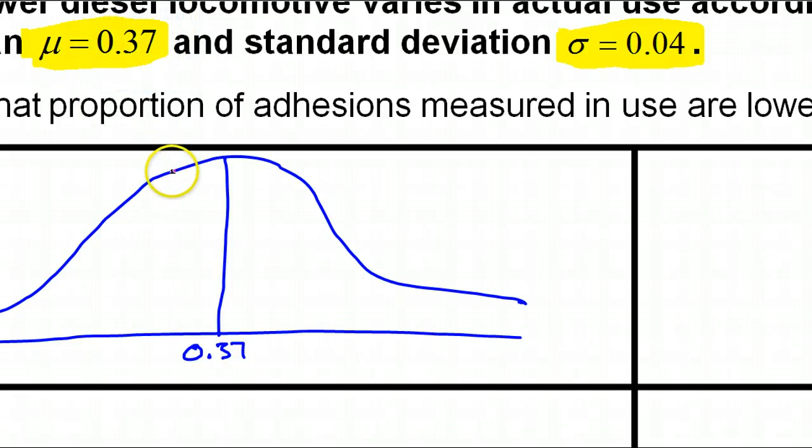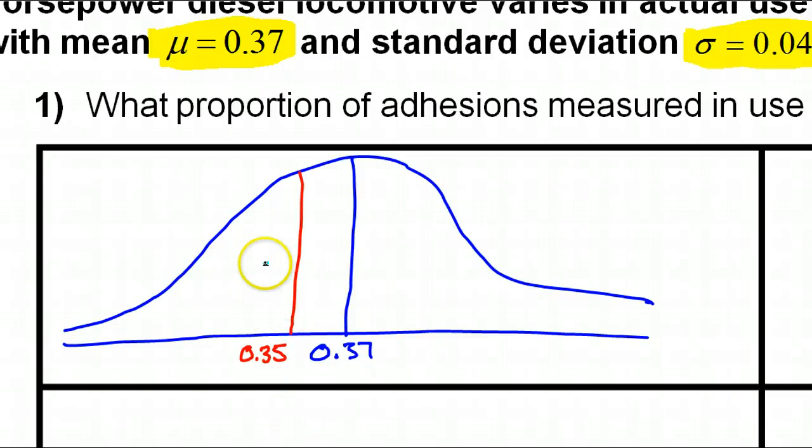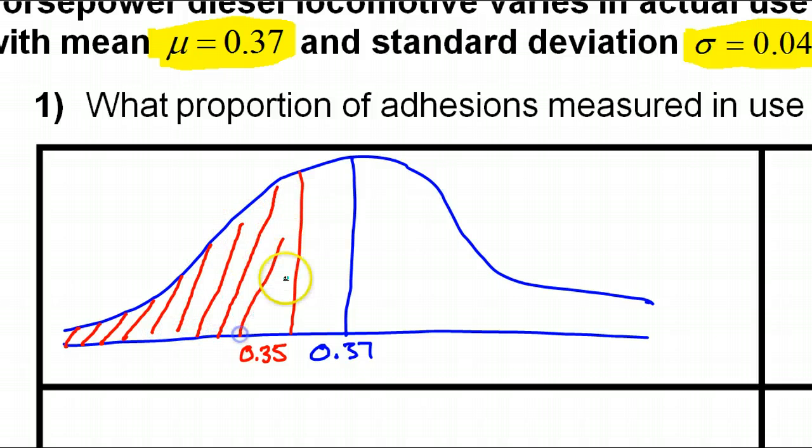So for starters, let's call this our 0.35. And if I want to know what proportion is lower than 0.35, that's going to be to the left of 0.35 in this image. So we will shade the left. Okay, so we're going to find this percentage, this proportion.